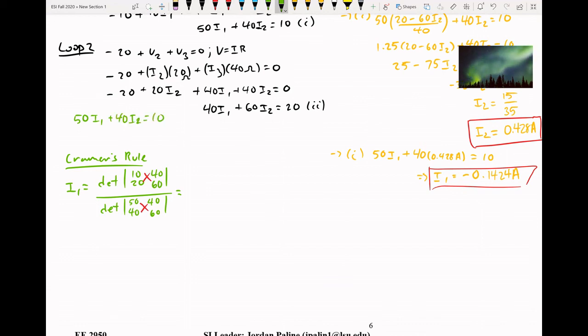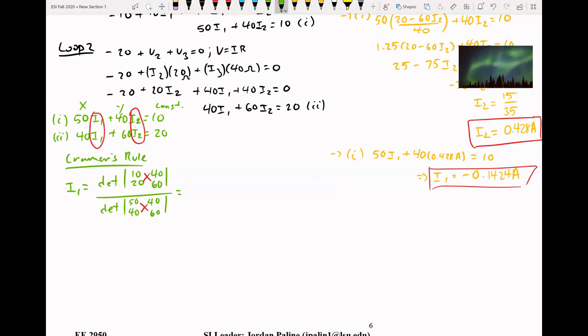And then 40 I1 plus 60 I2 is equal to 20. Okay, so these are your x's, these are your y's, and these are your constants. All right, where your I1 and I2 are your unknowns.